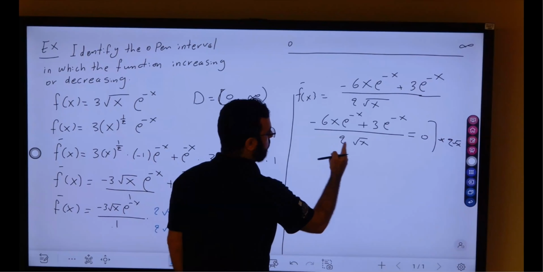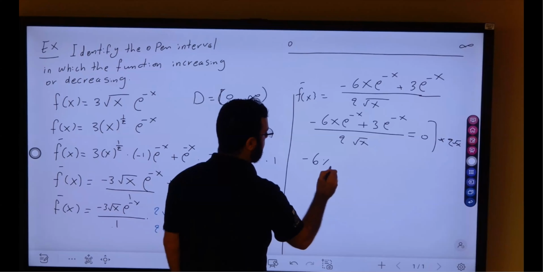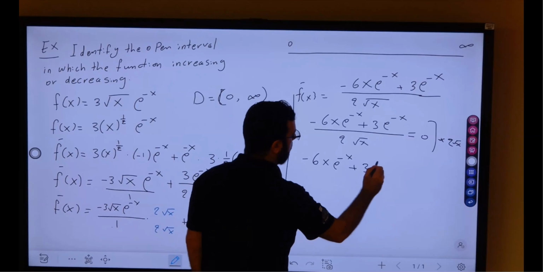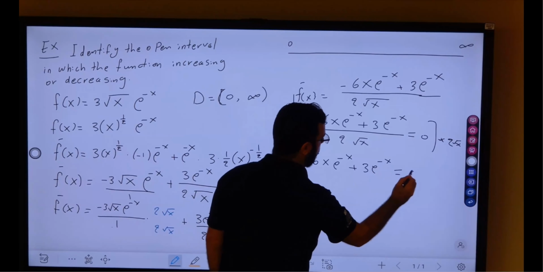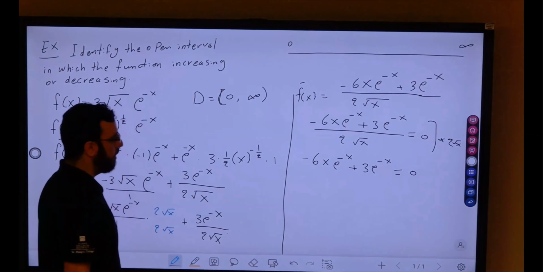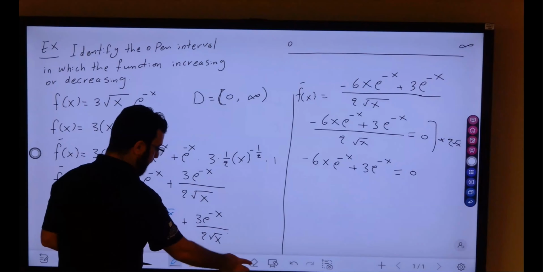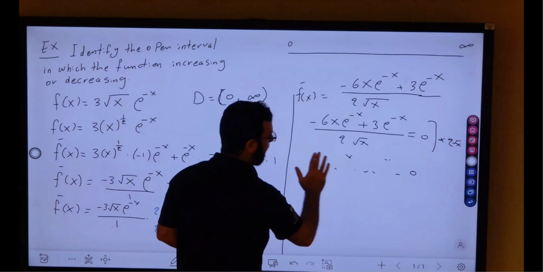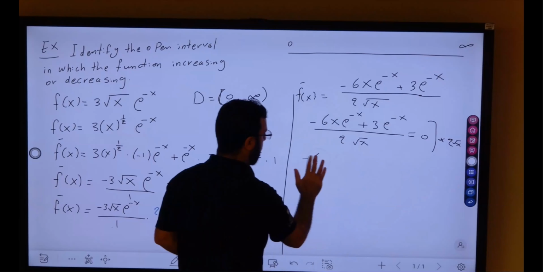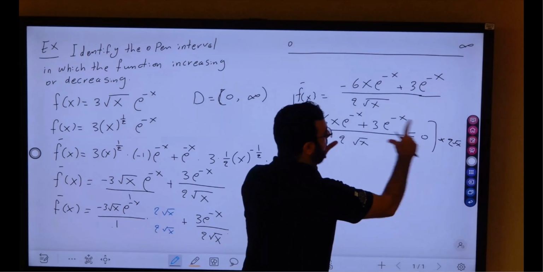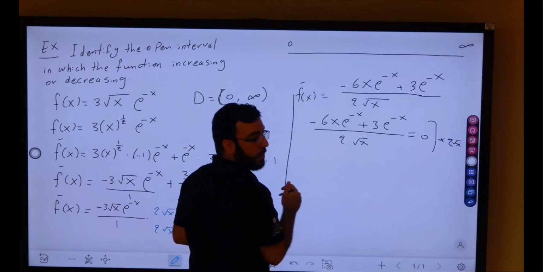So that means this one is going to cancel, so -x e to the negative x plus 3 e to the negative x equals 0. Next step, so you don't multiply the top by the 2 square root of x. We did. Let's do this step, because that's important. So I'm multiplying everything by 2 square root of x.